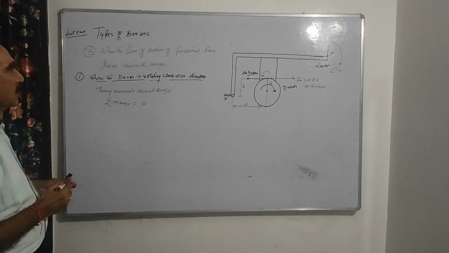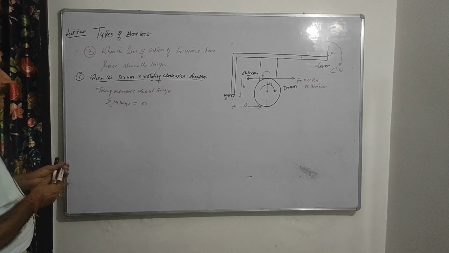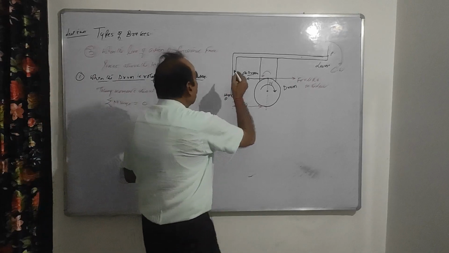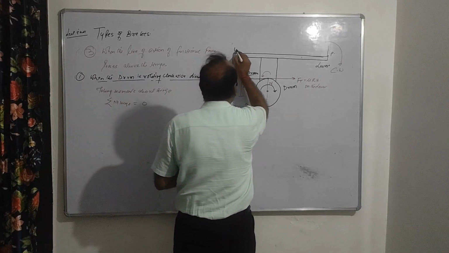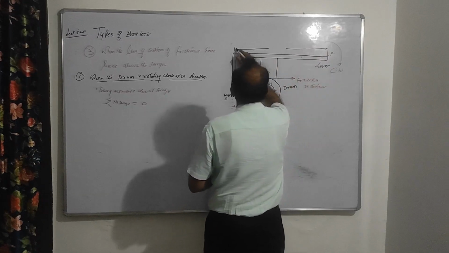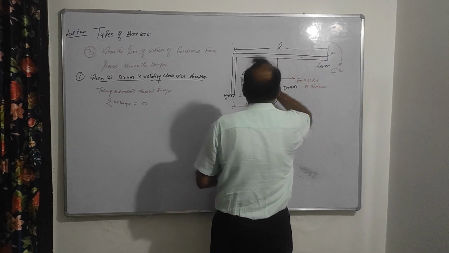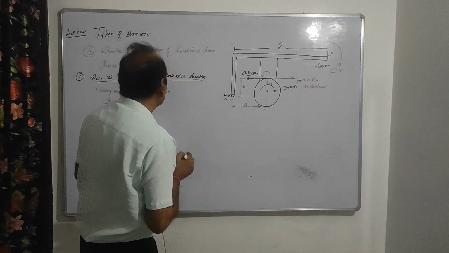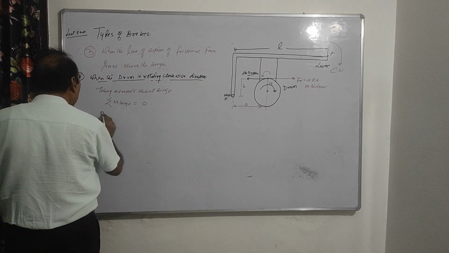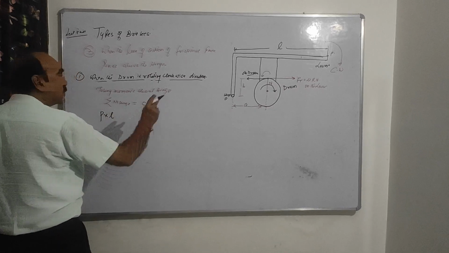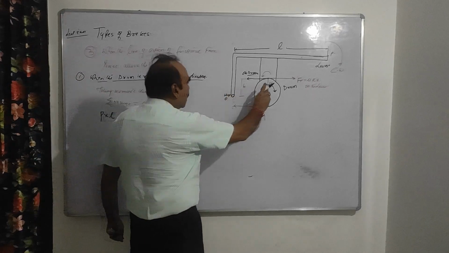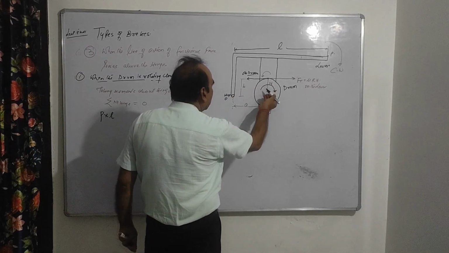Okay. So what will be the equation? Sorry, this I have not written. So this distance is your L, the distance of P from the hinge. So it means P into L, clockwise. Now you come to this N, the normal force.